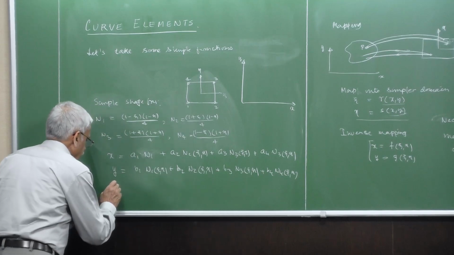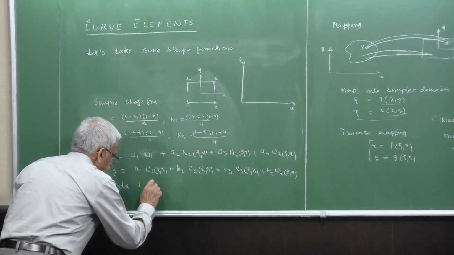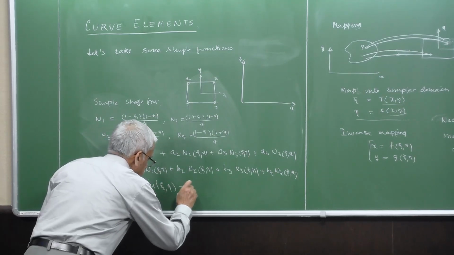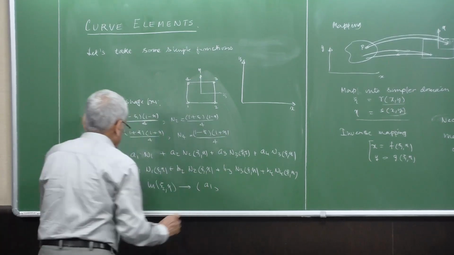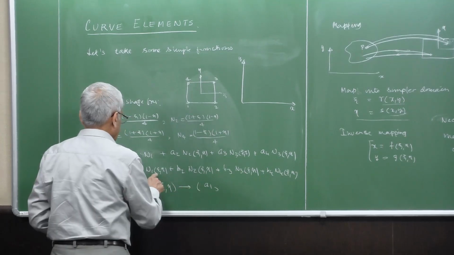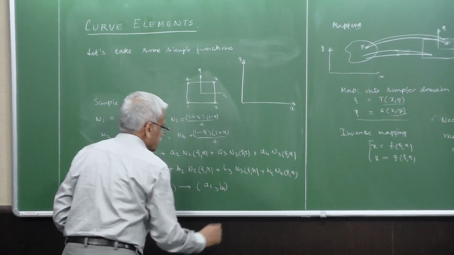So node 1 in xi eta frame will go to where? A1, and similarly all these things will become 0 and this will become 1. So it will become A1, B1, right?